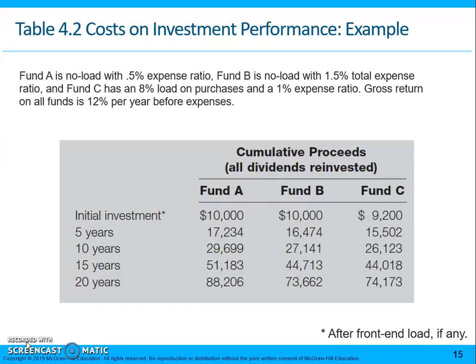So as a result, over time, when we incur growth, Fund C is going to lag behind. Over time, Fund C does catch up with Fund B, the higher expense ratio fund. However, Fund A with the lower expense ratio ends up with a considerably larger amount of money over time, no matter what the investment horizon.